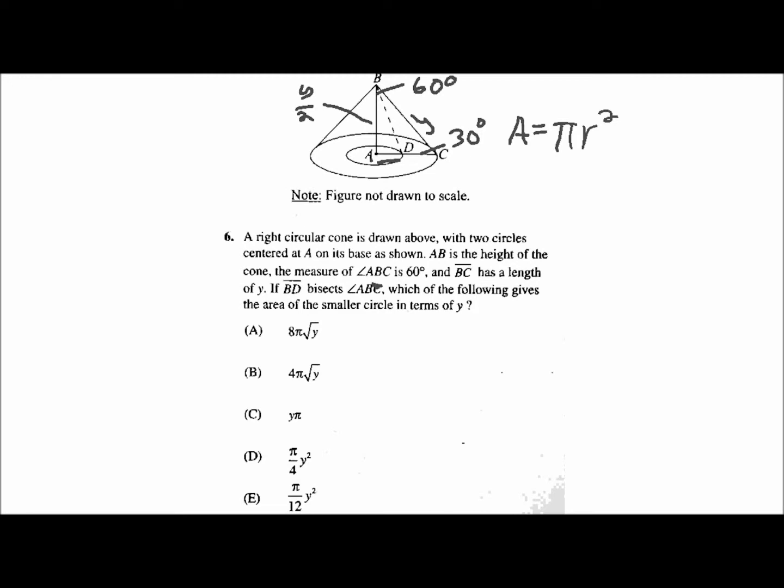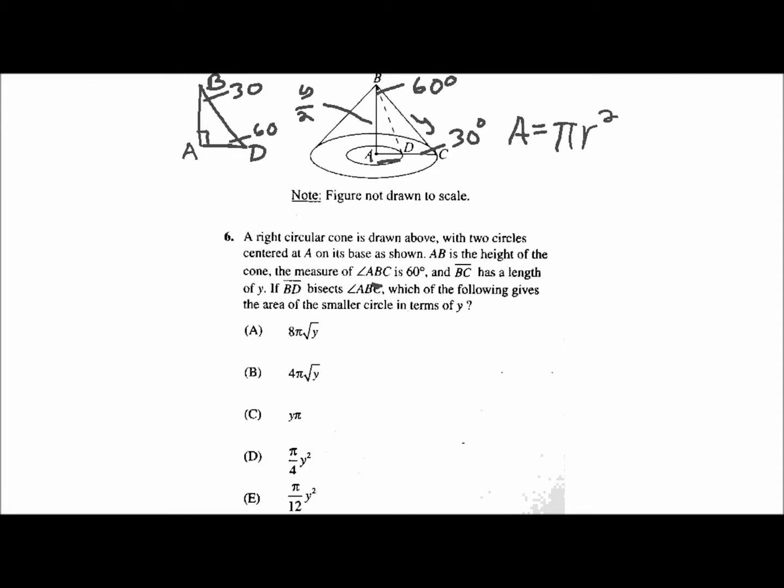So let me just crudely draw that triangle here so we can keep track of what we're doing. And I'm going to label it A, D, and B. And like I say, they bisected the angle, so we know this is 30, which means this one down here has to be 60. So we have a 30-60-90 degree triangle.